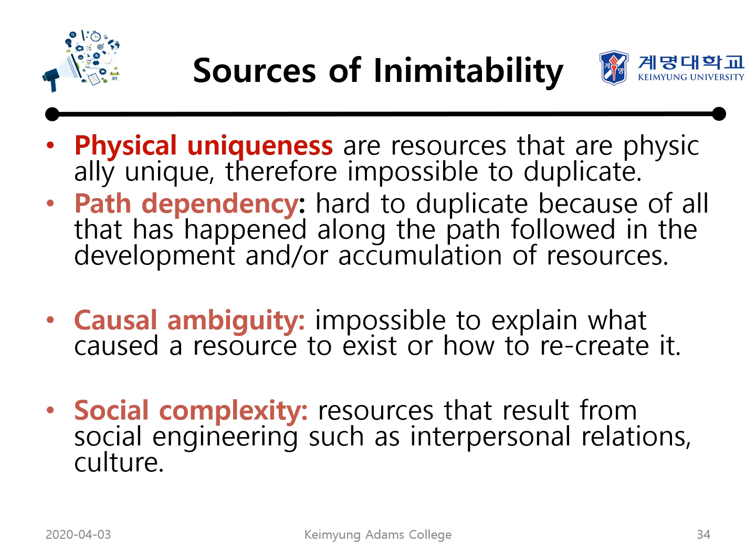Secondly, path dependency. This means the resources are unique and therefore scarce because of all that has happened along the path followed in their development and accumulation. We could have examples like Gerber Products Company and Ashley Furniture.